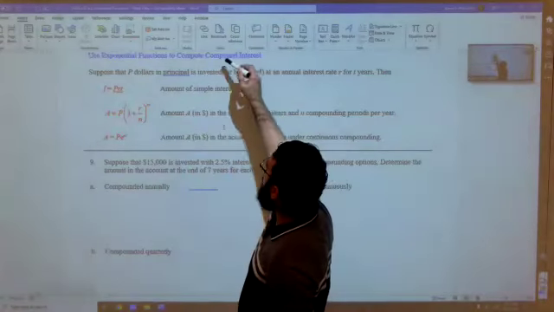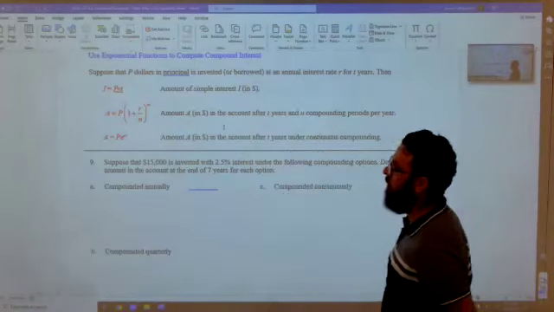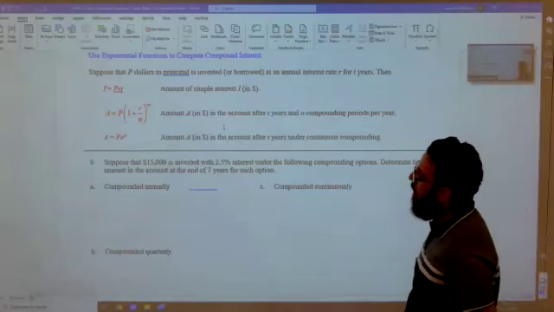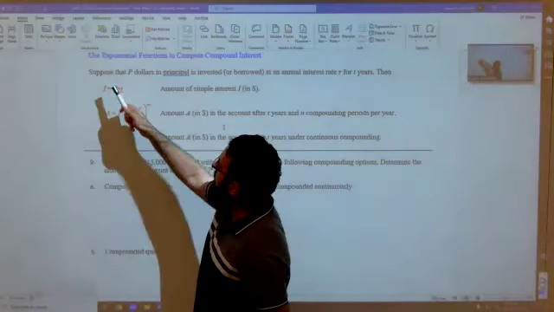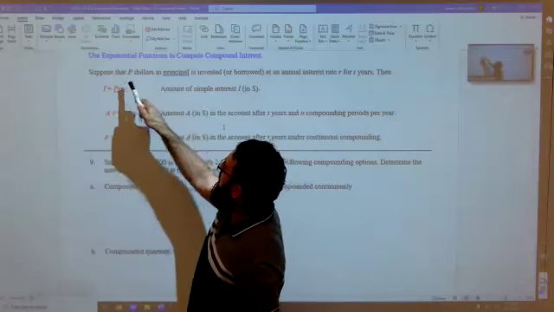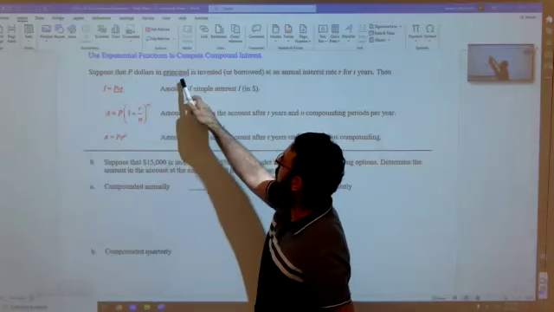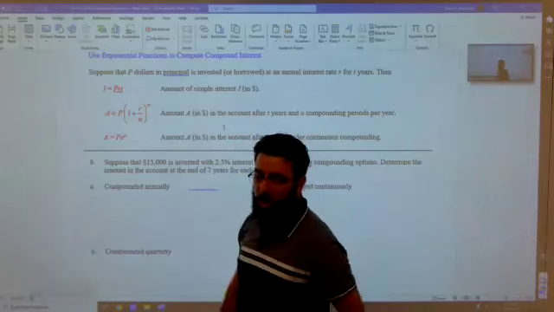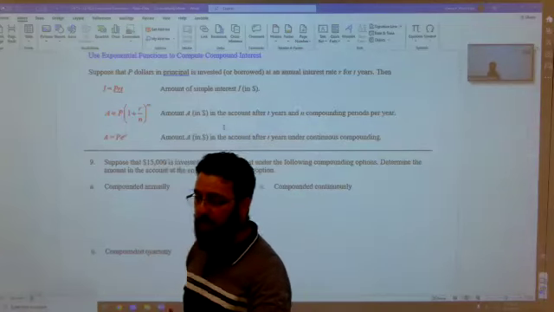Exponential function to compute compound interest. So first of all, suppose that P dollars is a principal that is invested. So keep in your mind, P is invested.